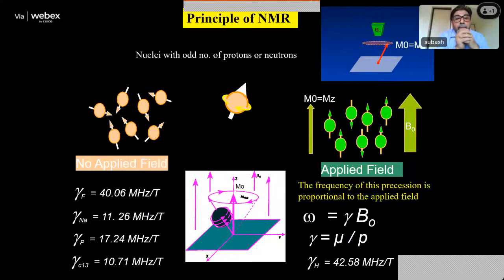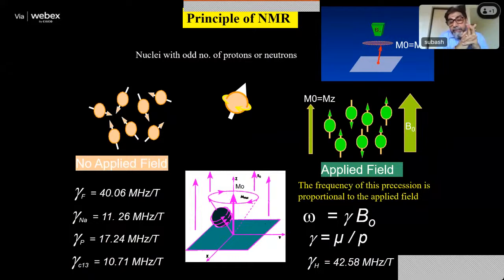Now, having said that, once you have this magnetic field and you create this net magnetization vector, it precesses around the external magnetic field with an equation called the Larmor equation, which is omega naught equal to gamma B naught, where B naught is the strength of the external magnetic field, omega naught is the resonance frequency or the Larmor frequency, and gamma is a constant, which is the ratio of magnetic moment to the angular momentum of a particular nucleus.